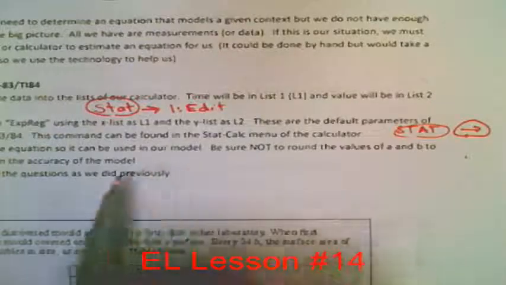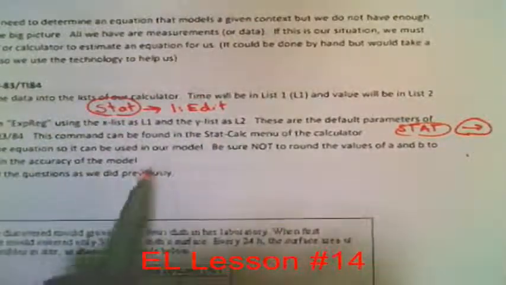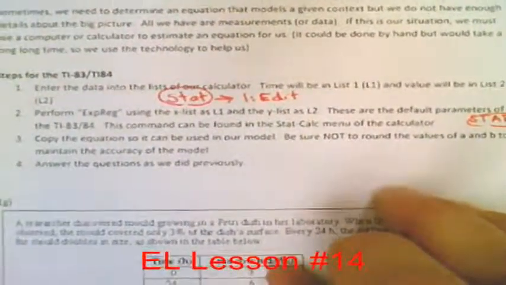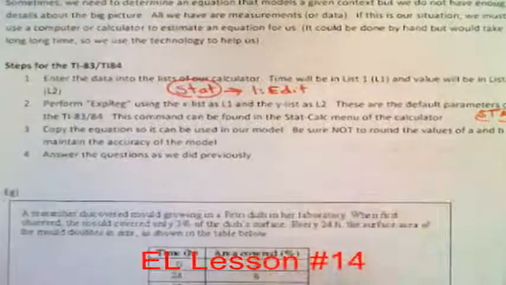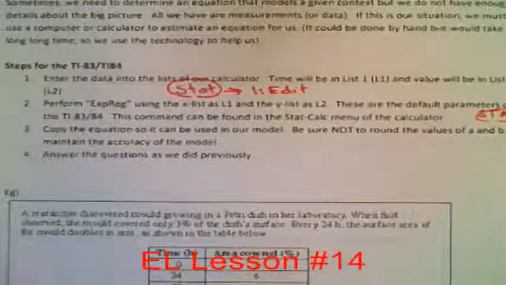You'll find ExpReg. Copy the equation so that it can be used as the model. Keep in mind, if you've got a new operating system, it'll pull up a weird menu. Then you copy out the equation, and then you just do what we did before. Basically all you're doing is taking the list of points and using them to create an equation.